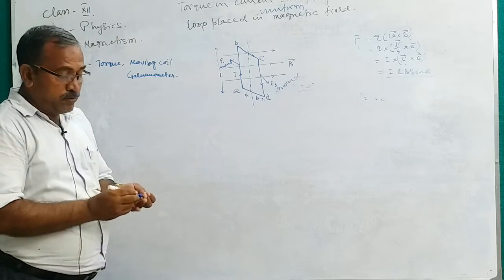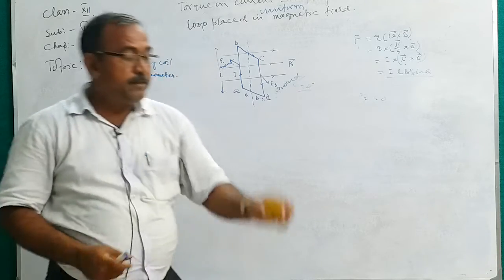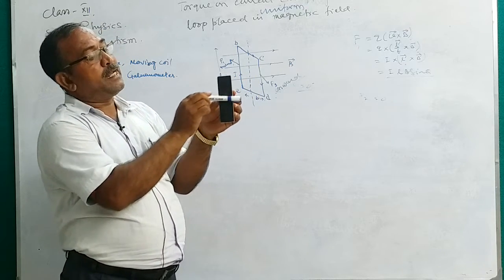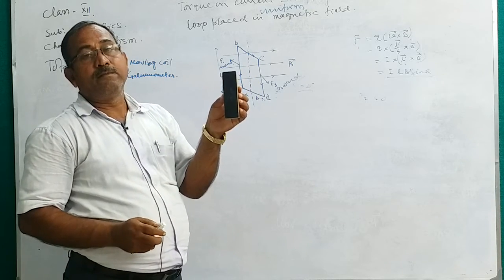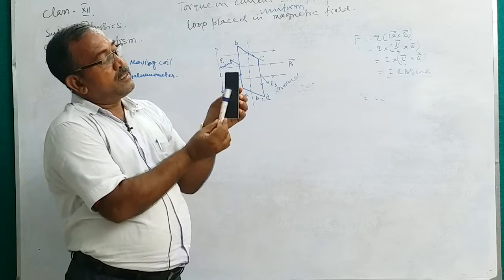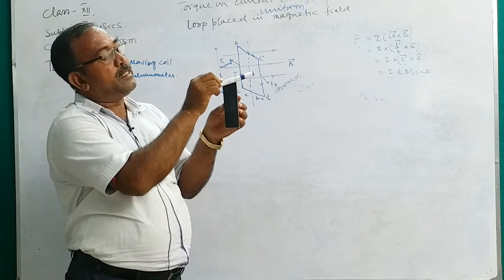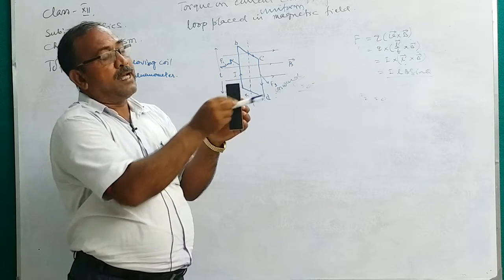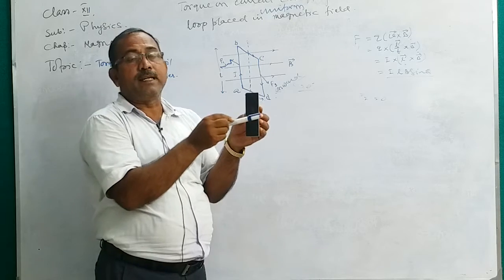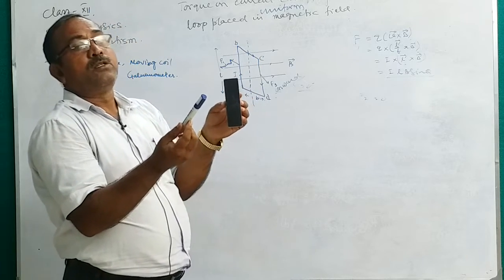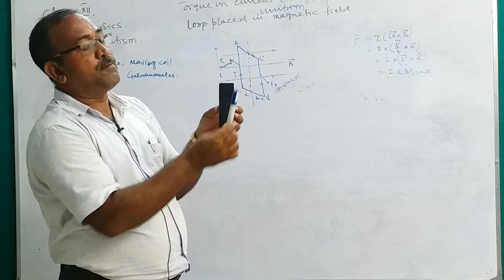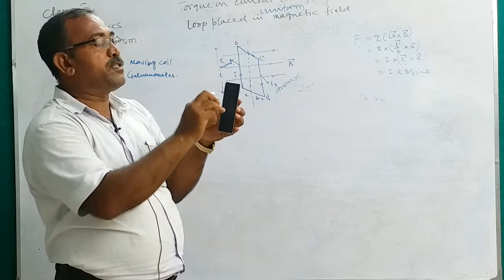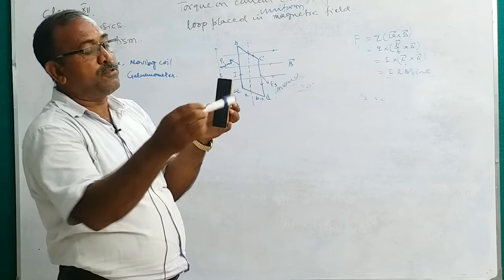So this is the rectangular loop, the field is in this direction; this is AB, this is CD, BC, and DA. This and that are in the same direction, theta equals 0, so F equals 0. But this and that are perpendicular to each other. Due to this direction the force is this, and due to that direction the force is that.